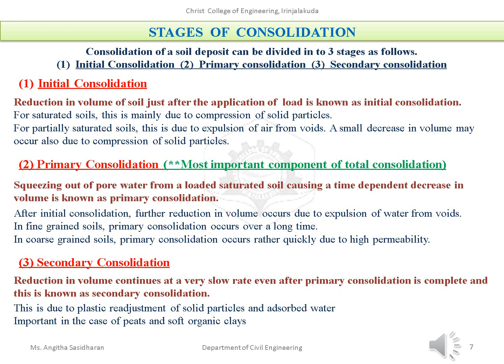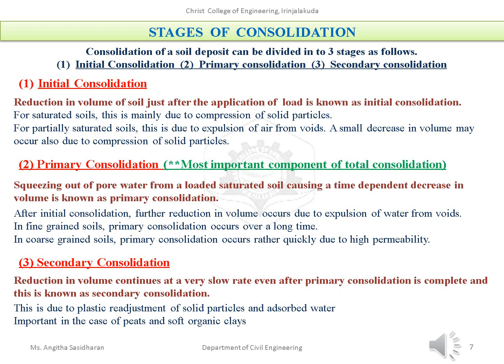Consolidation is causing a reduction in volume. So reduction in volume of soil just after the application of load is known as initial consolidation. In a saturated soil, that initial consolidation will be mainly due to the solid particles getting compressed. And in a partially saturated soil, this will be due to expulsion of air from the voids mainly.